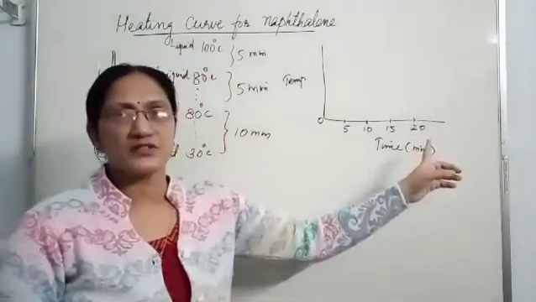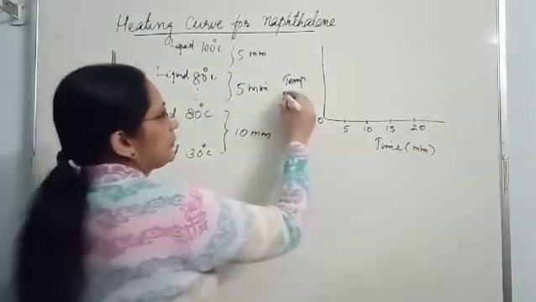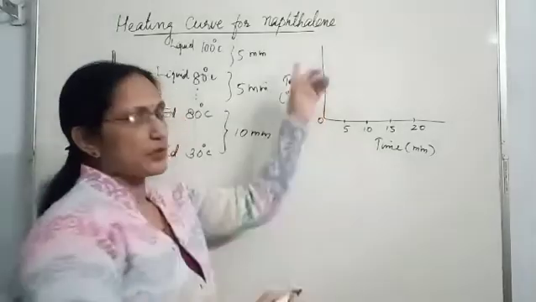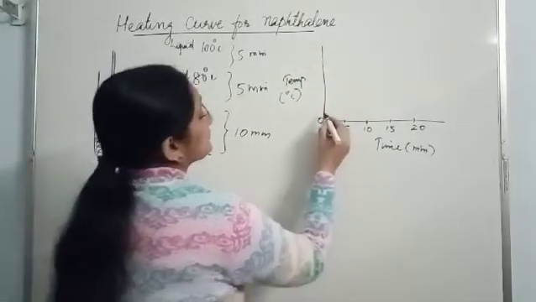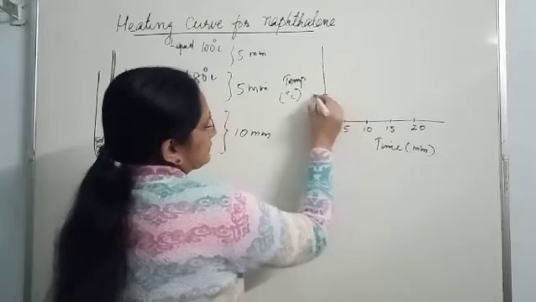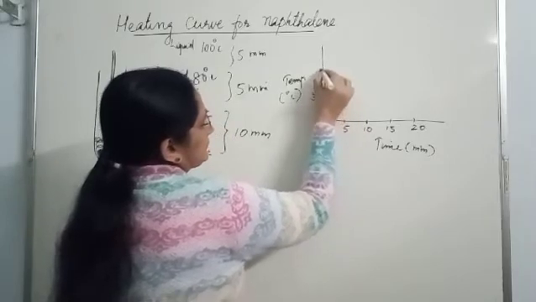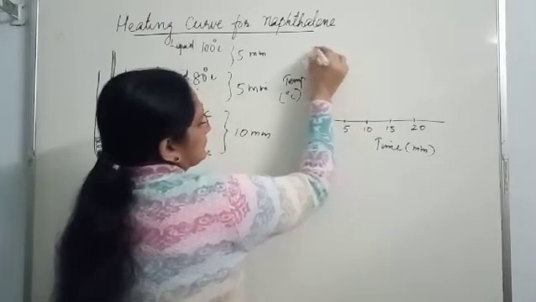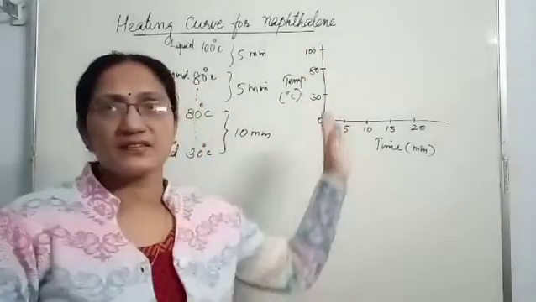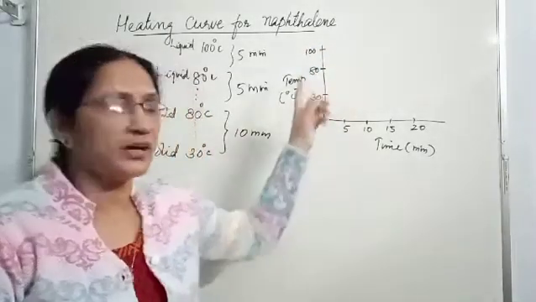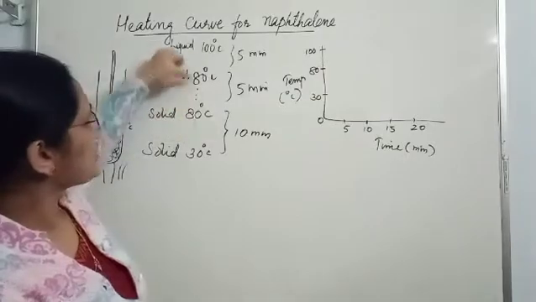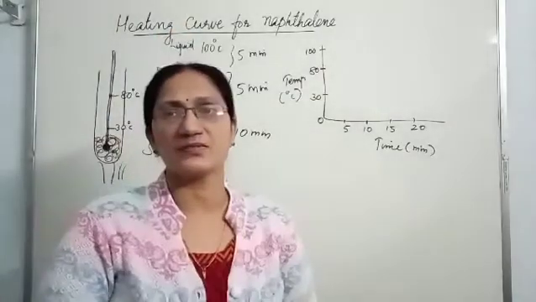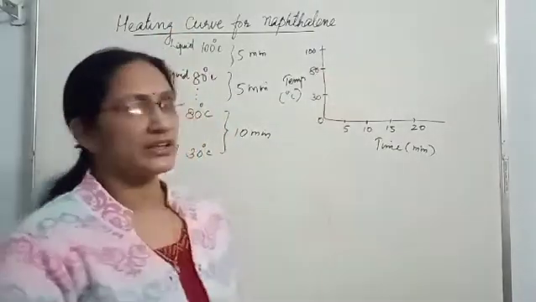Time in minutes is plotted on the x-axis and temperature in degrees Celsius is plotted on the y-axis. On the y-axis I have plotted only the required values: 30, 80, 100. These are the temperature readings we require. So only those readings I have plotted.